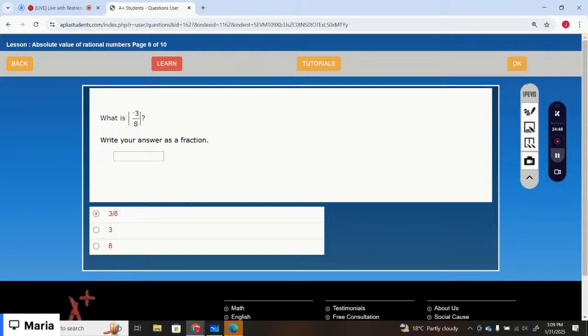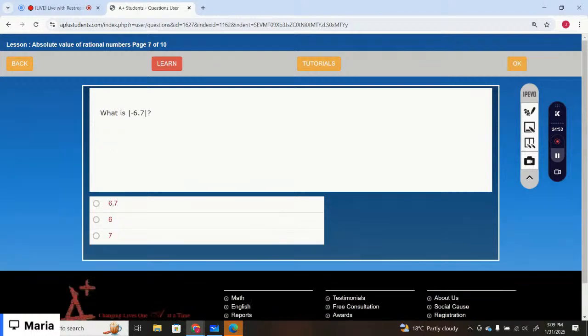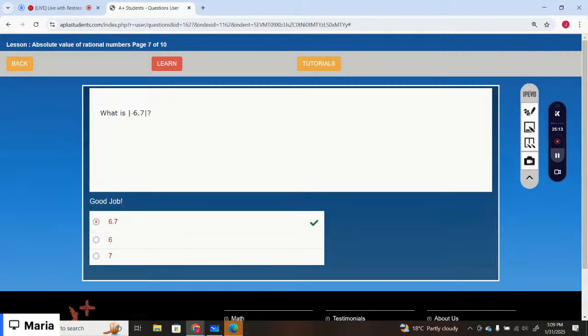Option number one is the correct option. What is negative 6.7? Option number one is the correct option. That is 6.7.